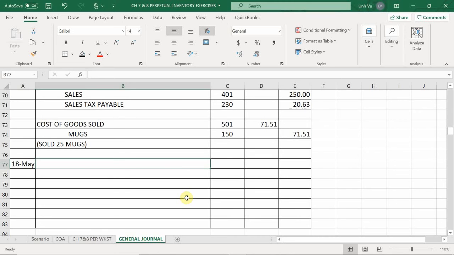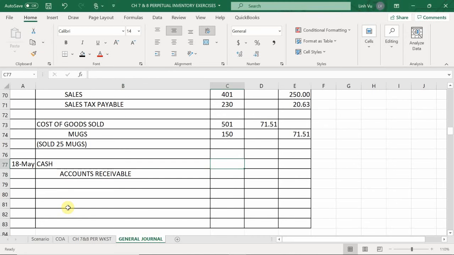Customer A paid in full with cash. So how are we going to record this transaction? Cash first. Cash first, good. So we take it out from the account receivable, no?